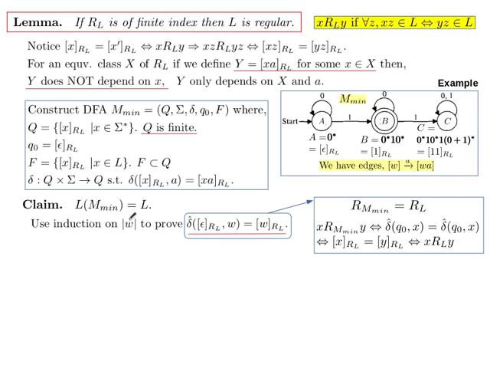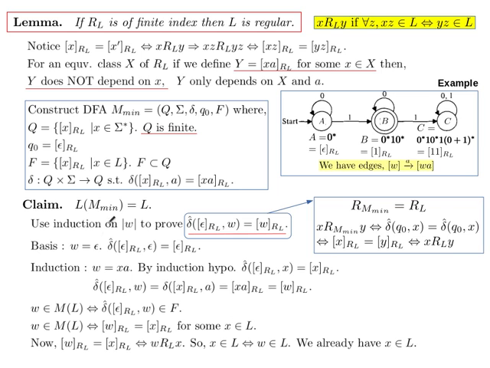And we will use induction on the string W to prove that if you start from the start state and process W, then you are at the state that is the equivalence class of W. And this is quite clear, right? Because from epsilon with 1 we go here, with 0 we go here. So it's pretty straightforward, but still we can write the proof here.